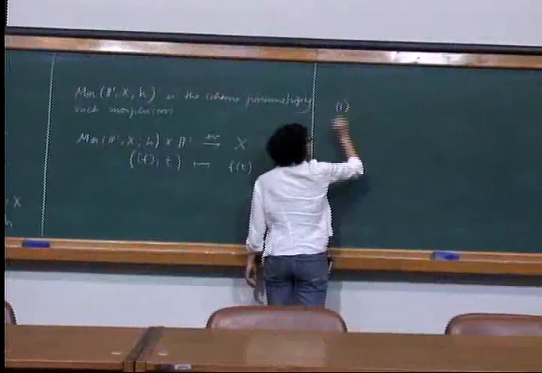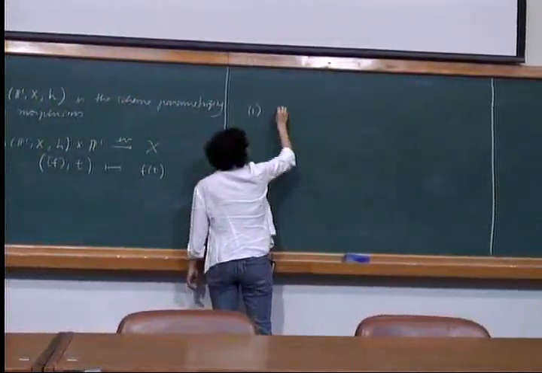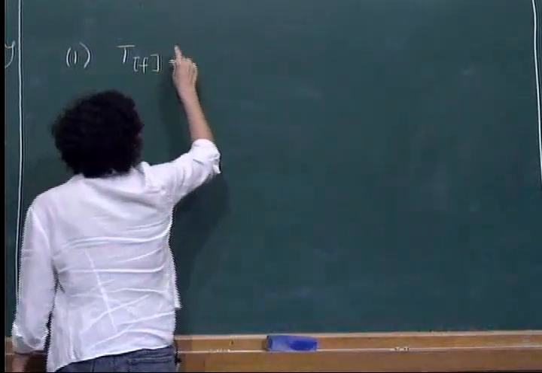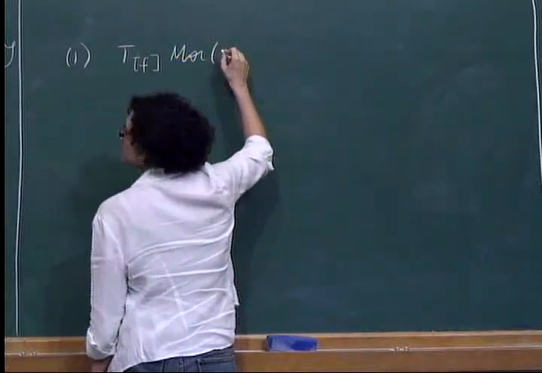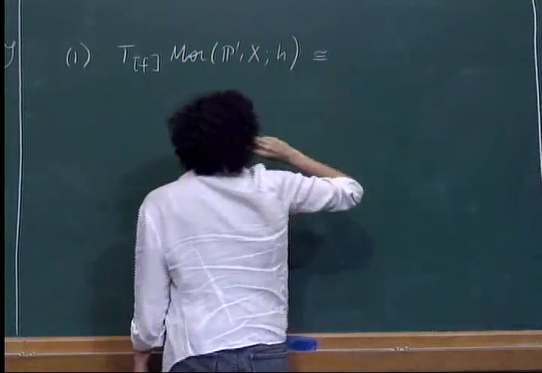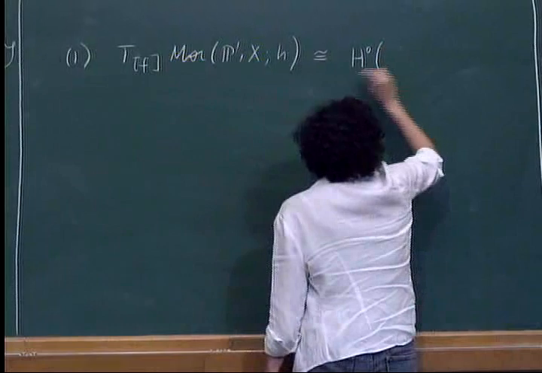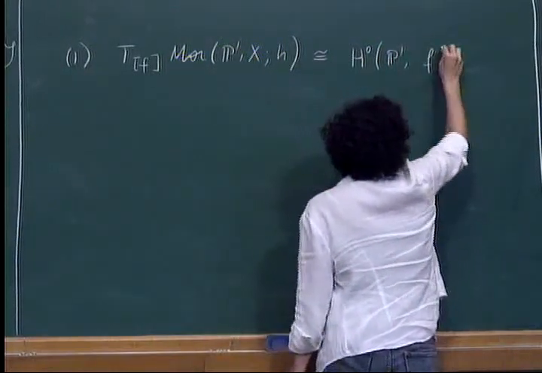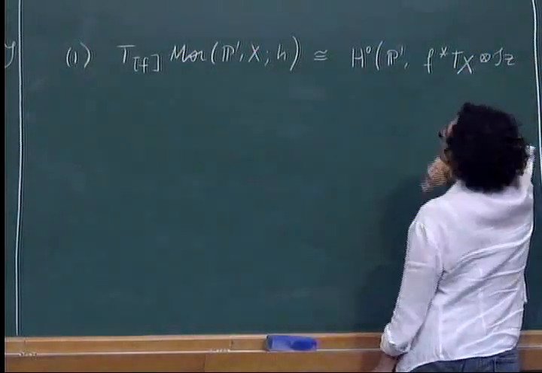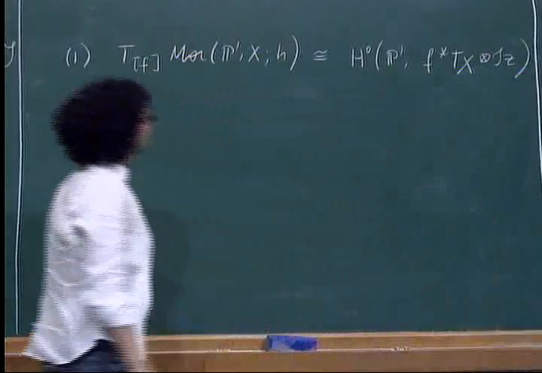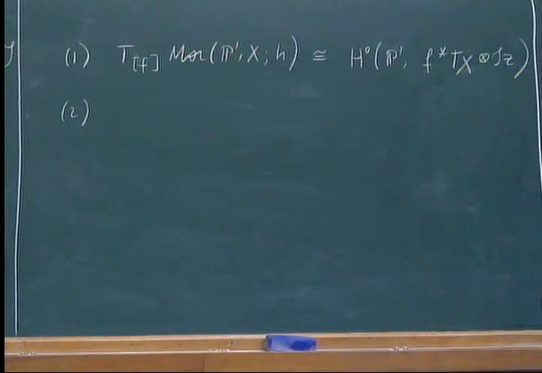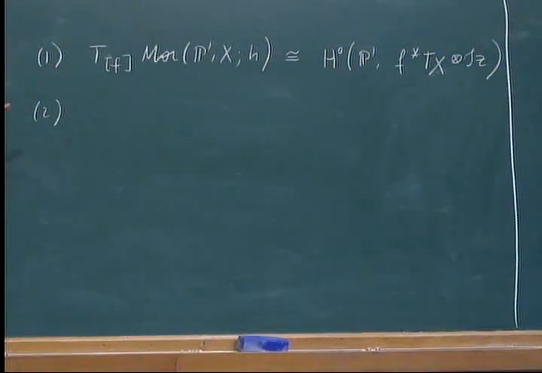First, if I fix a morphism F, then the tangent space at F of the space of morphisms is isomorphic to the space of global sections of the pullback of the tangent bundle of X twisted by the ideal sheaf of Z. We also saw that this is the tangent space and the obstruction comes from the H1.